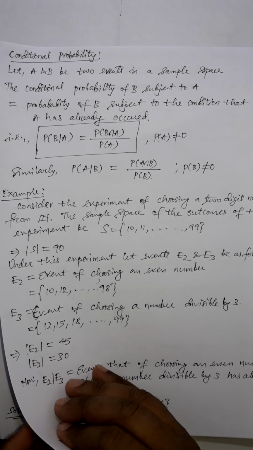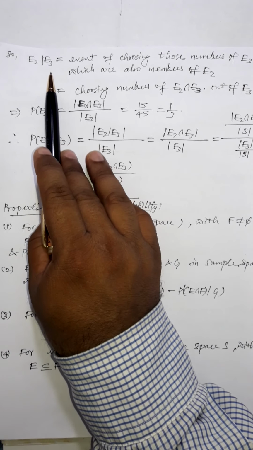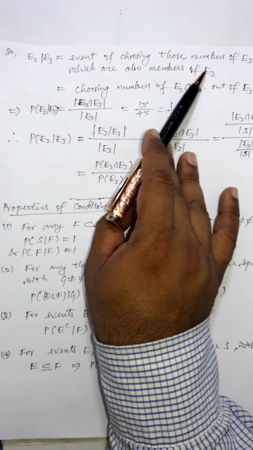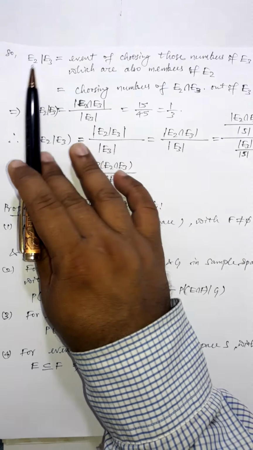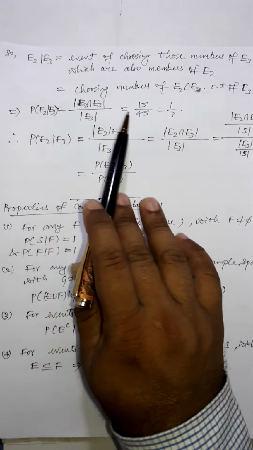So you can see the event E2 upon E3 is the event of choosing the numbers of E3 which are also members of E2. That means choosing the numbers of E2 intersection E3 out of E3, which has already occurred.